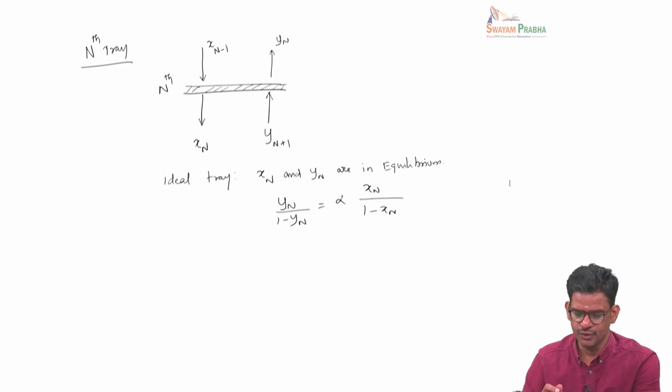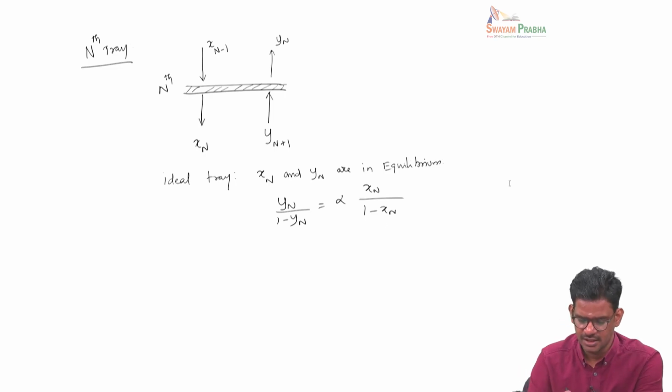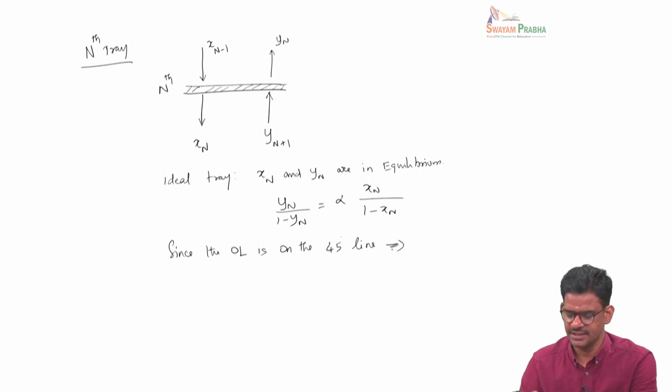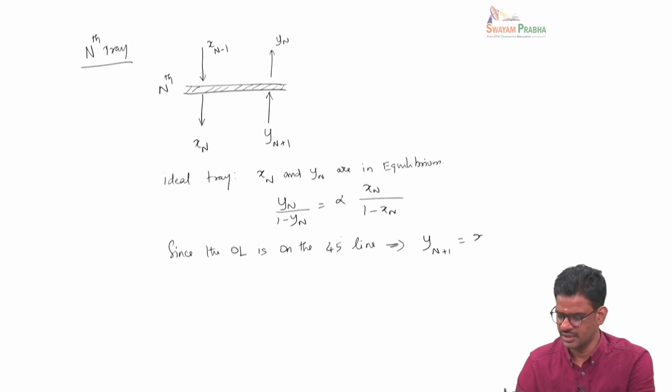Another thing we should note is that since the operating line is on the 45-degree line, the consequence of this is that yn plus 1 will be equal to xn.